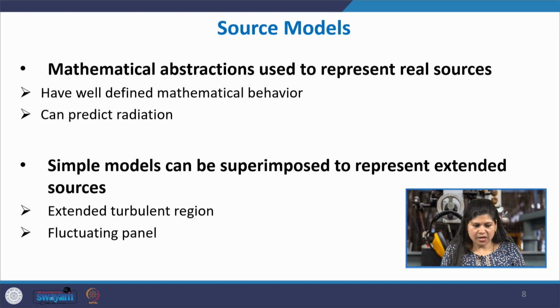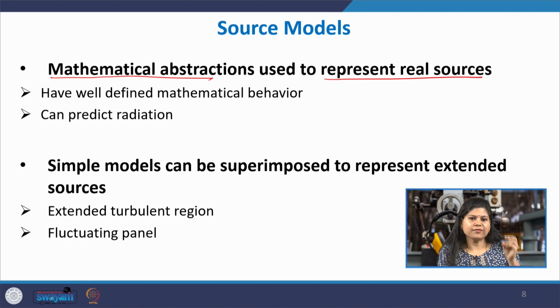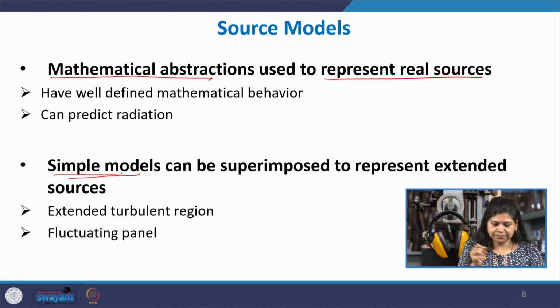Therefore, we need some kind of mathematical abstractions which could be used to represent these real sources. So, we can have some very simple sources whose behavior we can fully analyze theoretically, and we can create a model of their radiation, and then the real source could be represented as a superposition of these various simplified sources. So, what are these simplified sources and the models that we will study?